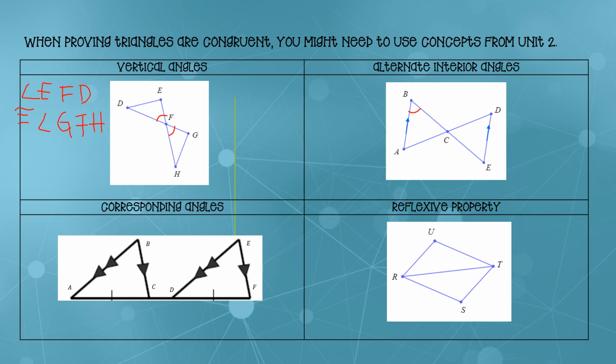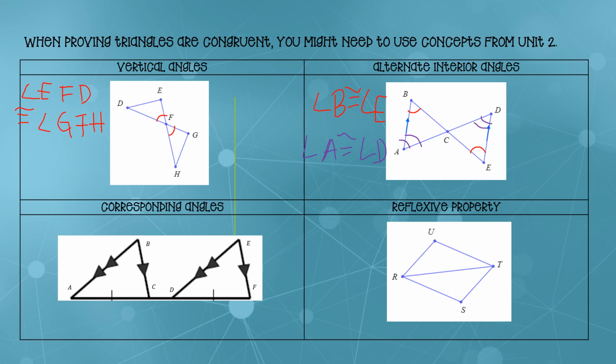But angle B and angle E are congruent because they are alternate interior angles. Likewise, angle D and angle A are congruent because they are alternate interior angles. So just by knowing those lines are parallel, there are two pair of angles that you can mark congruent.